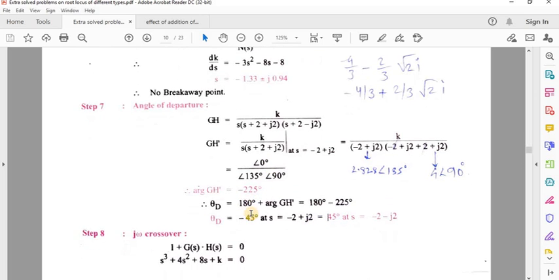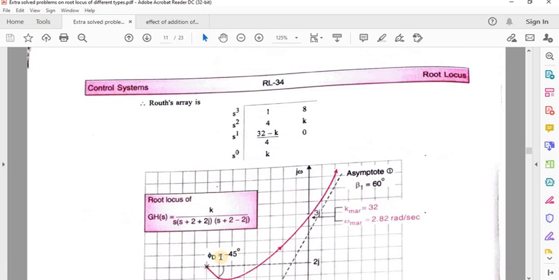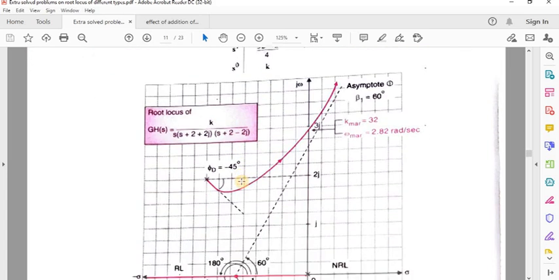So now the last part is j omega crossover. So 1 plus transfer function into feedback. Okay, so we know this already. Then use the Routh array, then equate this greater than 0, you will get k value less than 32 and greater than 0.